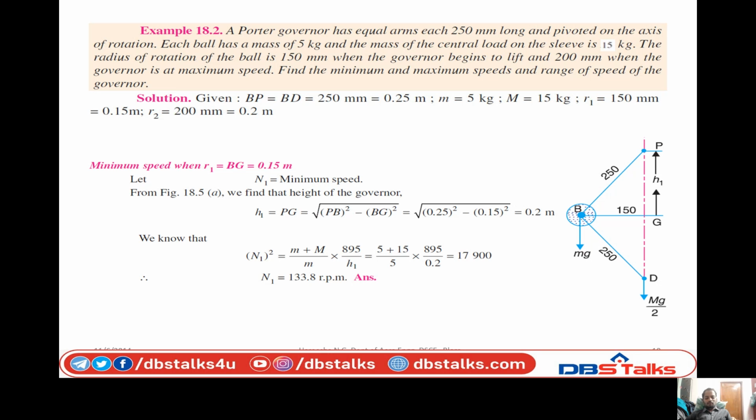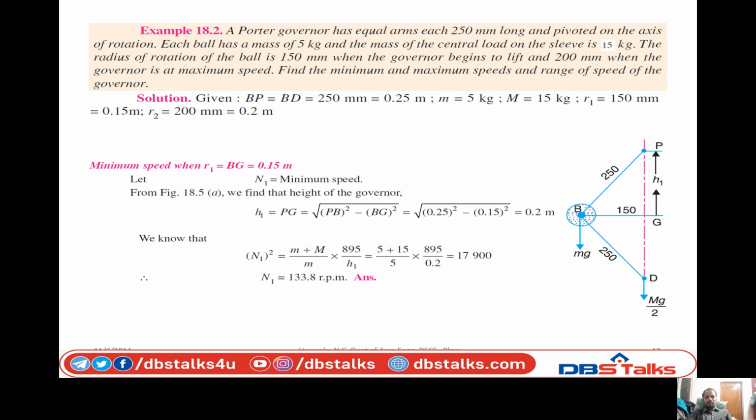That is finally N1 square, the minimum speed for that height, as 17,900. Then finally N is approximately 134 rpm. It is the speed of rotation.